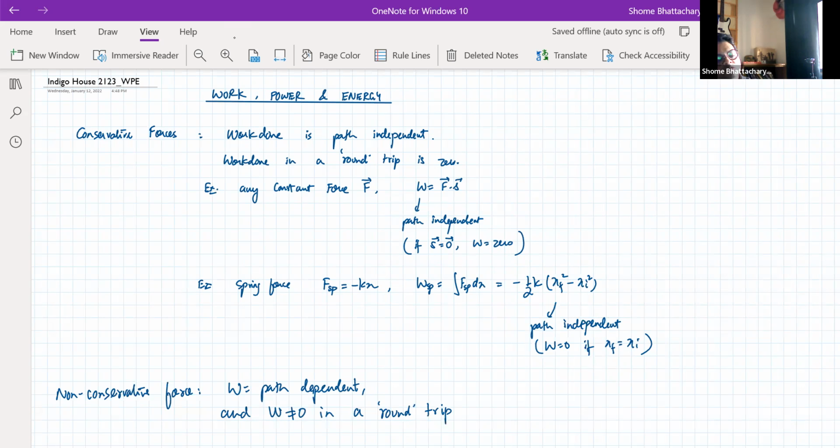And a good example of this is kinetic friction. As I told you, we'll see more examples of conservative and non-conservative forces as we go along. But so far, the two important examples we've seen are these.